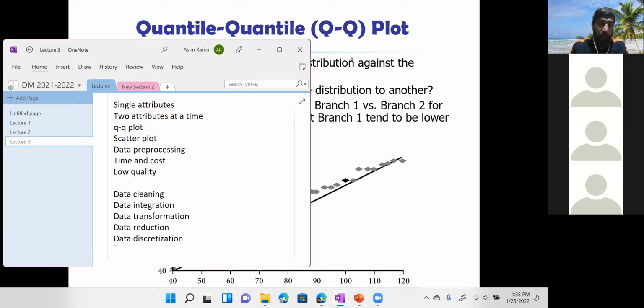So these are big headings in which you can have techniques, and sometimes techniques for one heading might be used in another heading as well. Also, I've written them in some order, but this order is not set in stone. You can change the order for any project that you're doing.